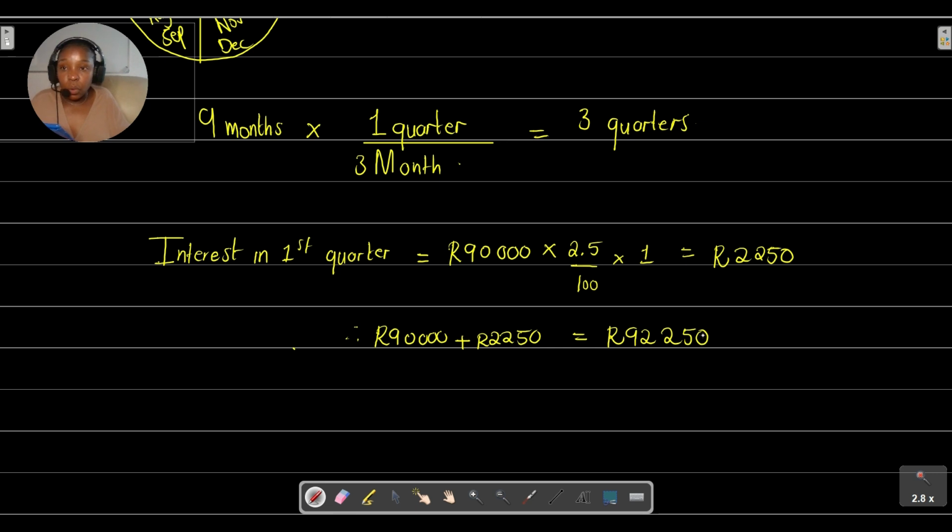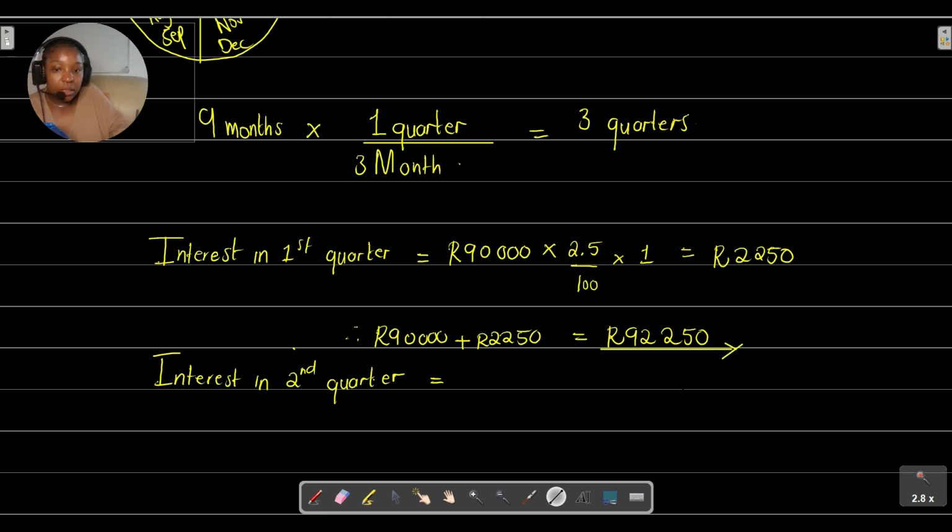Now we need to continue. How much interest is he charged in the second quarter? We take this accumulated amount of 92,250 multiplied by the interest rate that is added per quarter, and you'll get 2,306.25 cents.